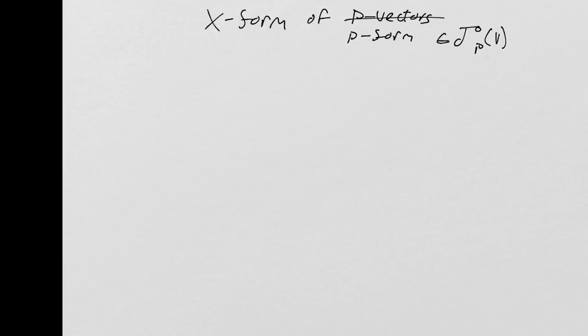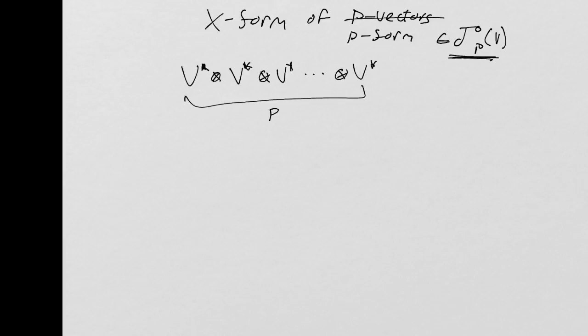So we already know the answer to this question. We know how these guys transform. (0,p) tensors are simply expressible as tensor products of the dual space, right, where there's p of these guys.